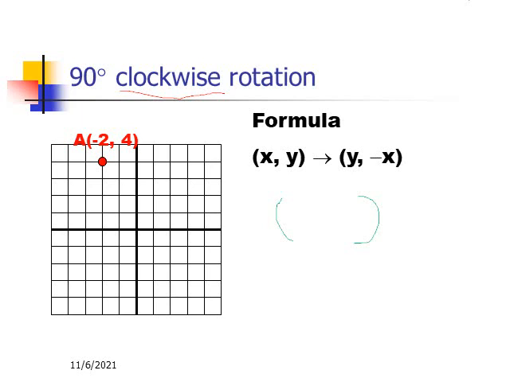Which one is correct? Which one is a clockwise rotation? Red is correct, it's like your watch moving. That is the meaning of clockwise, so I go in the red direction.